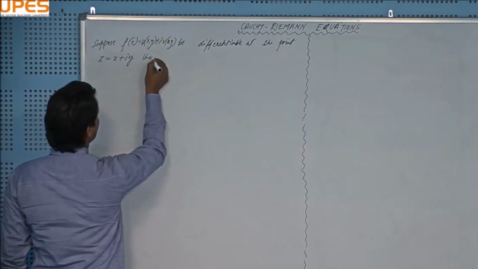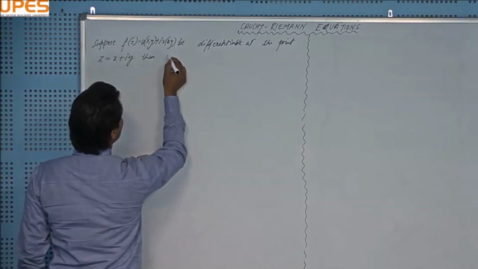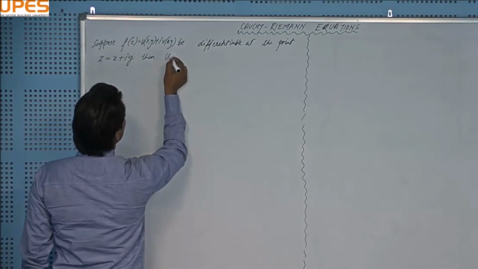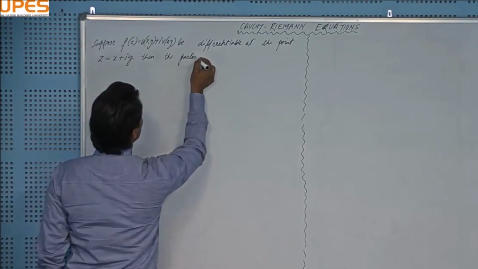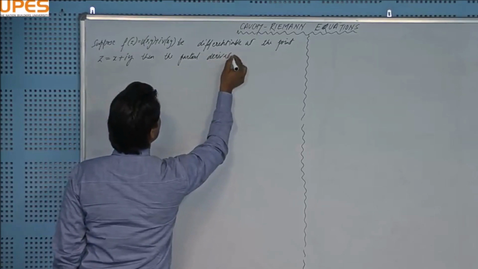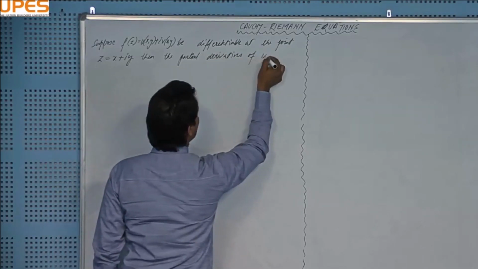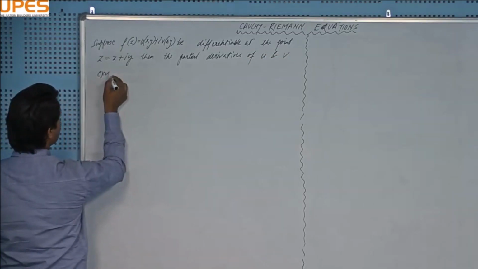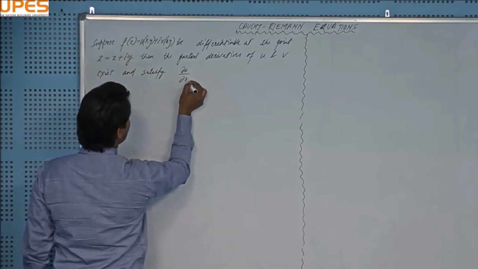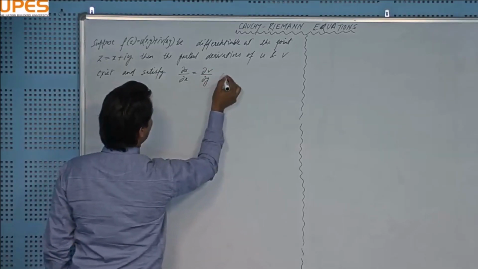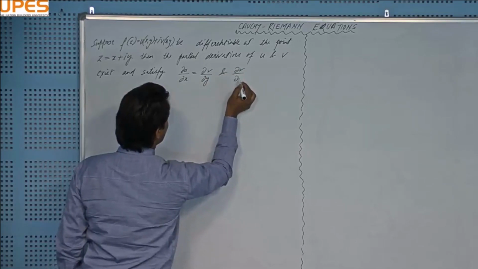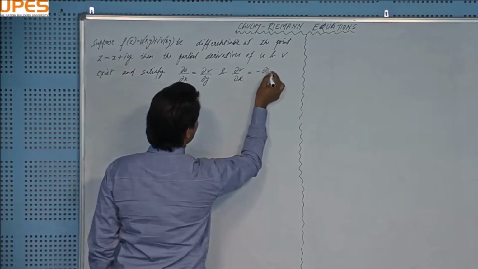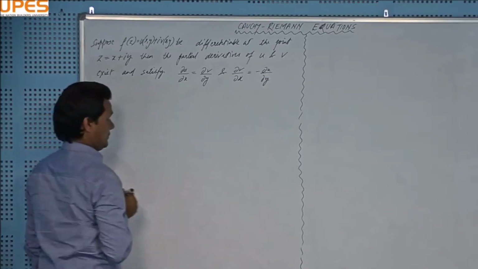Then the partial derivatives of u and v with respect to x and y exist and satisfy ∂u/∂x = ∂v/∂y and ∂v/∂x = -∂u/∂y, right?